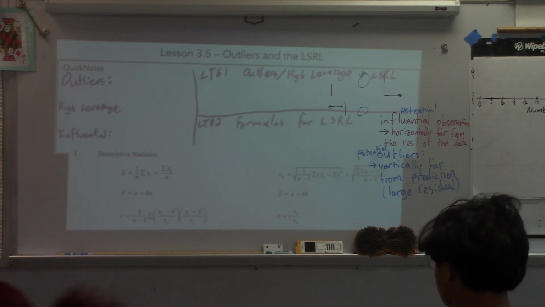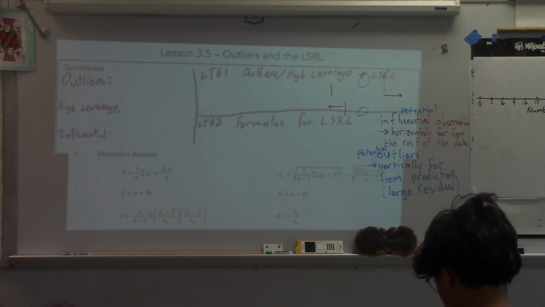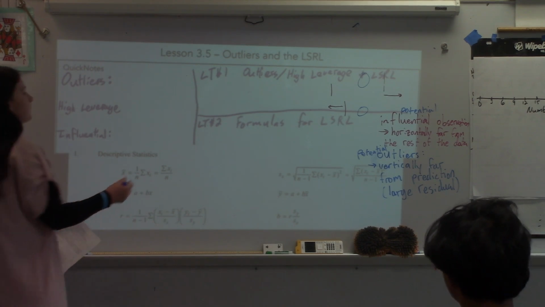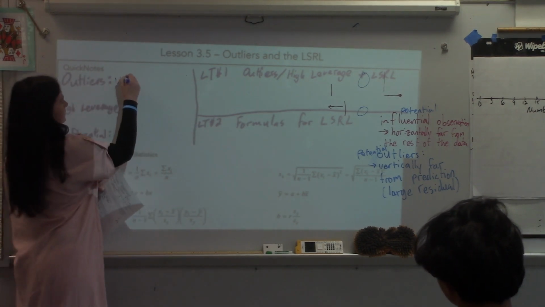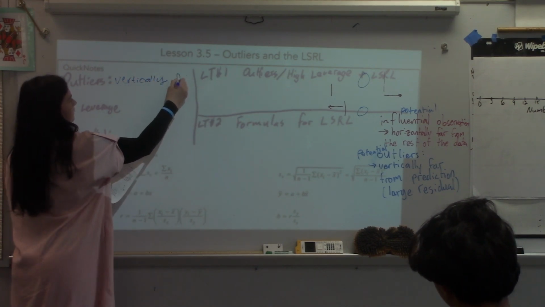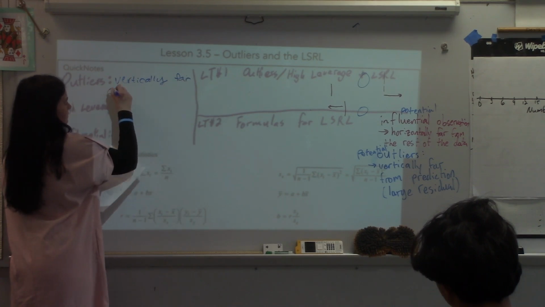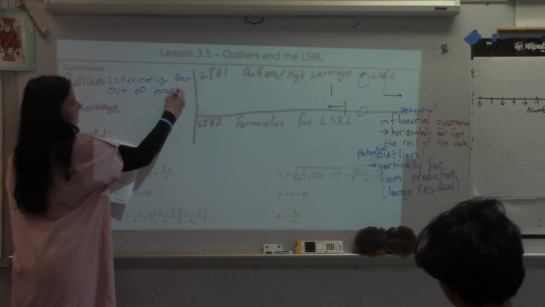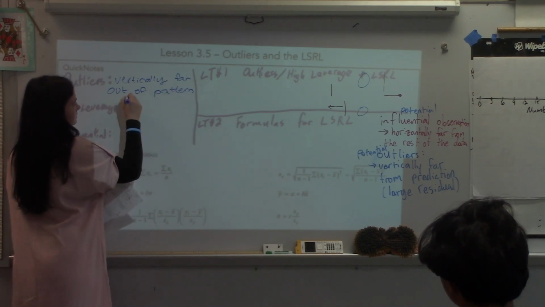Alright, so outliers, in this case, we are talking about what? Vertically far, they are out of pattern, which means they have large residuals.